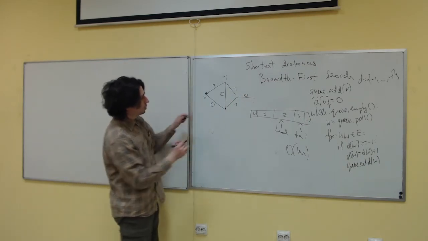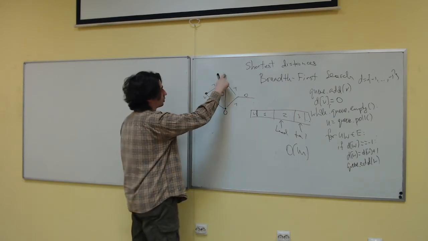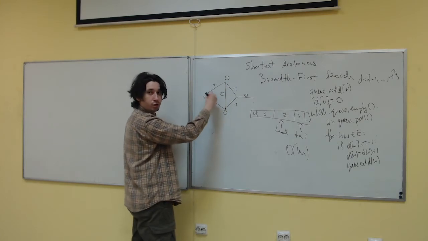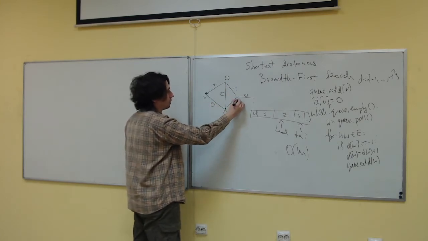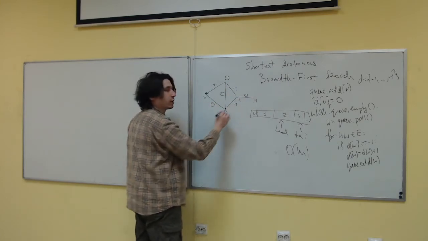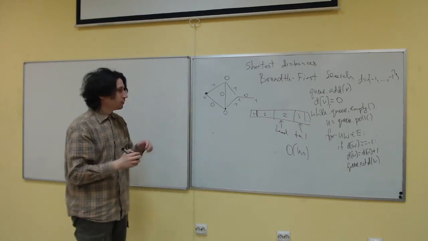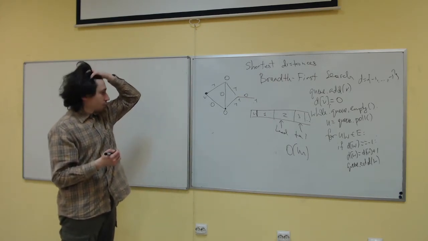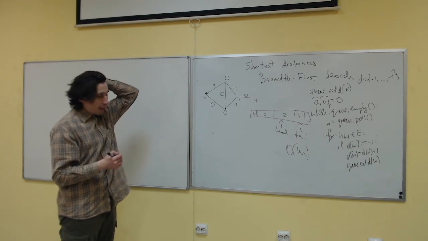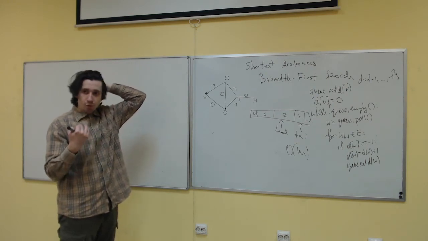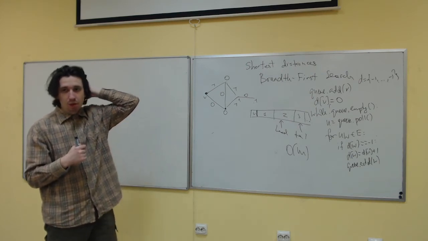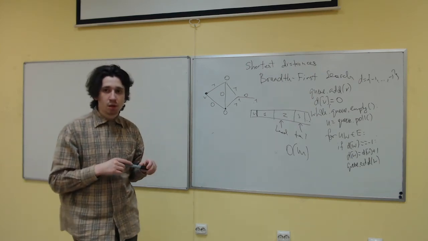So for example, for this node it will be 0, and this node will also be 0, because you can go by these two edges. This one is 1, and this one is 1 also. Any ideas on how we should work with this? How to solve this problem?